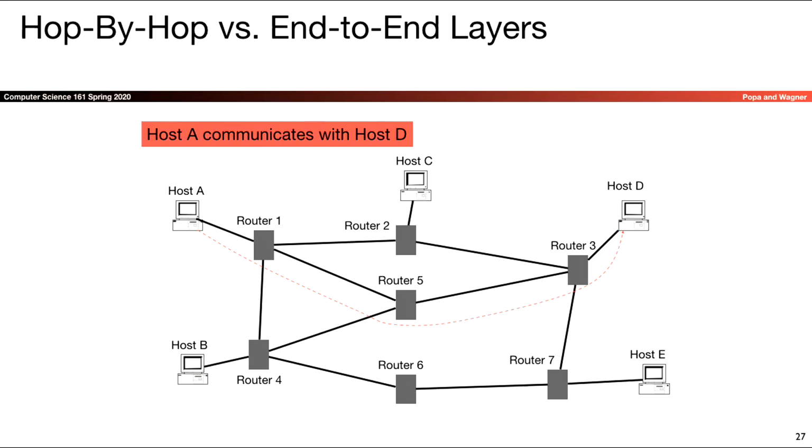So then there's routing protocols, which I mostly won't tell you about, but you could take 168 to learn about, that enable router 1 to figure out, well, don't send it to router 4. That's not getting any closer to the host D. It's getting further away. But you could send it to router 5 and you'd be getting closer.